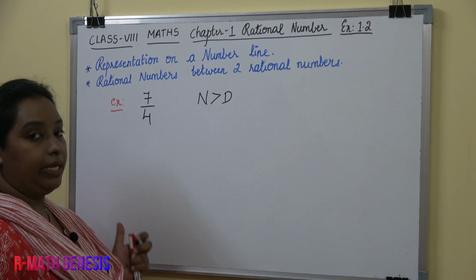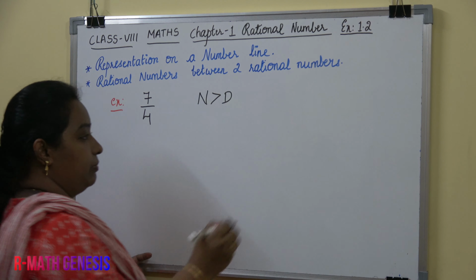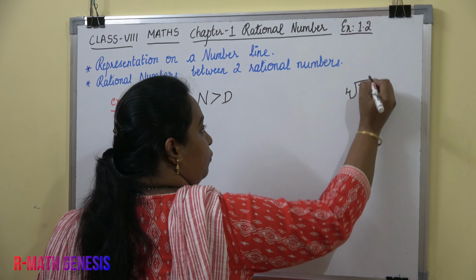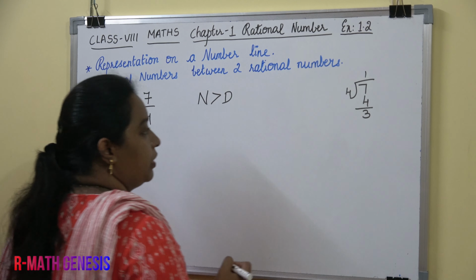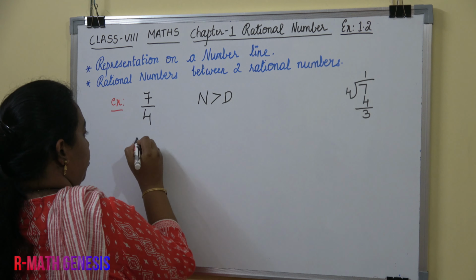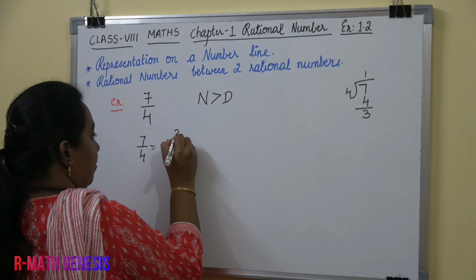So if the numerator is greater than the denominator, we have to convert that into a mixed fraction. So 7 divided by 4, you get 1 as the quotient and the remainder is 3. So we can represent 7 by 4 as the mixed fraction 1 3 by 4.